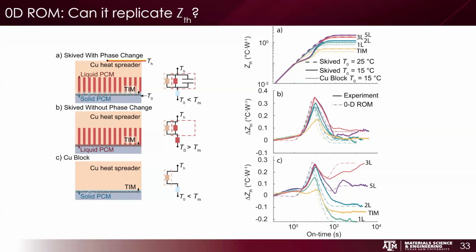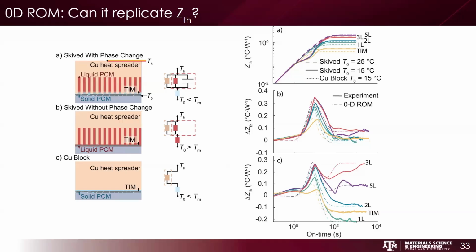So how would this change if you had a PCM with a much higher latent heat and lower conductivity? Well, if you're still assuming 0D heat transfer, then the thermal buffering of the system would increase. But then you start to get into regimes where it's never going to be 0D. The reason we're able to say it's 0D is because the distance between highly conductive nodes is so small that heat is able to pass from the hot to the cold side, and the lateral thermal spread is really small.